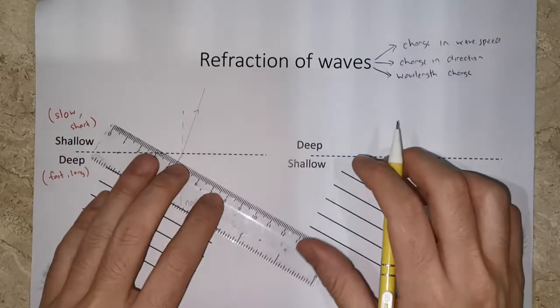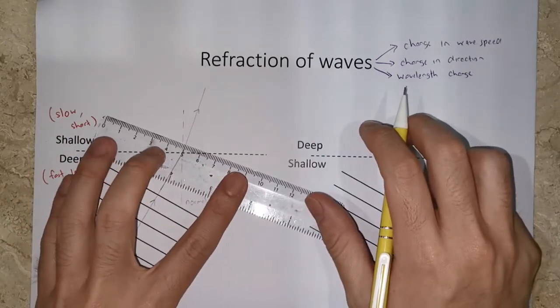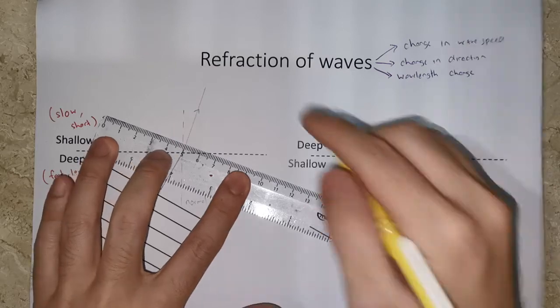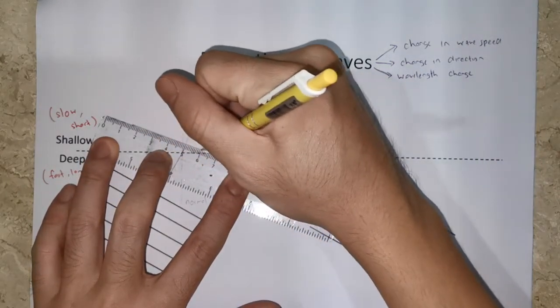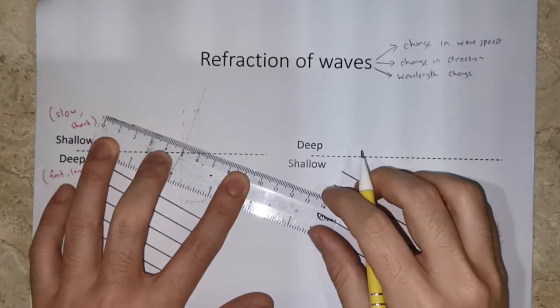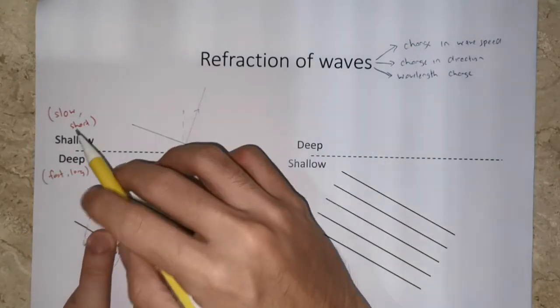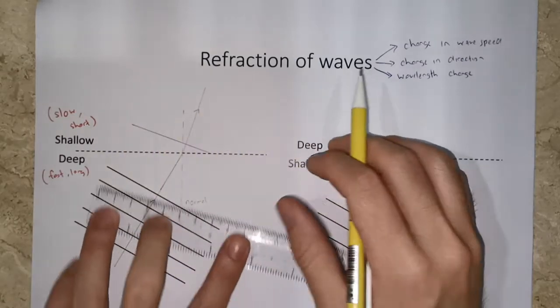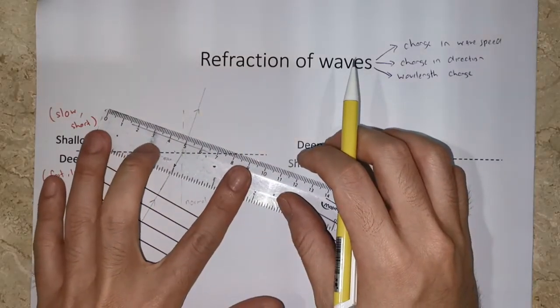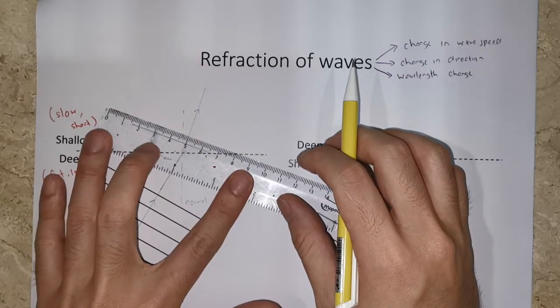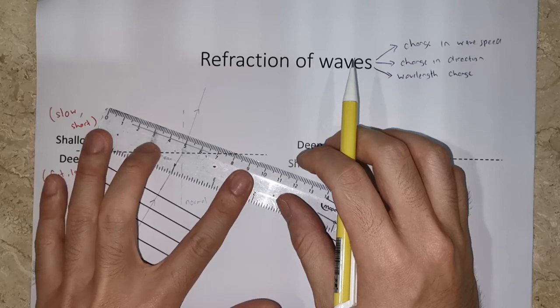Following on from there, we need to draw the refracted wavefronts. I'll draw a line here. That's our first wavefront. Now we need to draw the subsequent ones, remembering the wavelength is now shortened. Again, we do not have to be exact in terms of ratio.